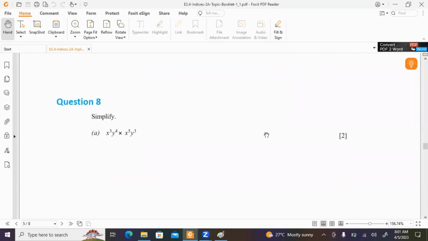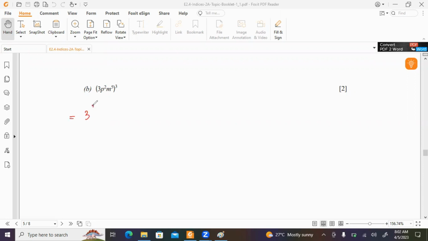Then similarly in part B over here, we have 3p squared m to the power of 5 inside the brackets, and outside the brackets is the power of 3. We're going to apply the same rule over here. The power of 3 is going to get distributed with all three terms.